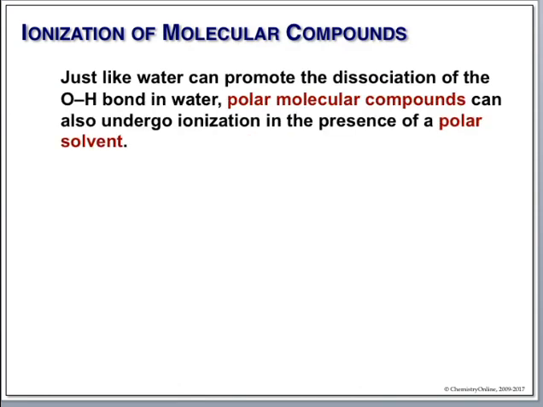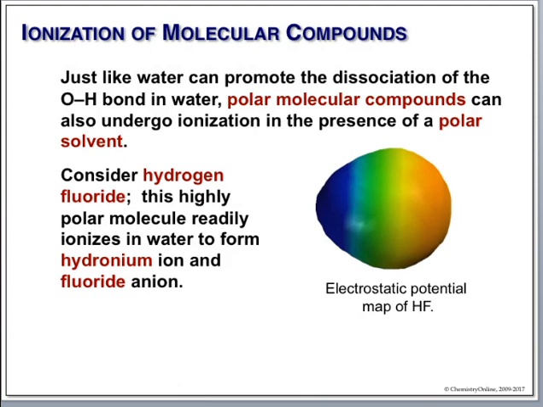Let's consider our friend hydrogen fluoride. Remember hydrogen fluoride? We had a covalent bond here between the hydrogen and the fluorine that was very, very highly polarized. Fluorine is the most electronegative element, and it sucks the electrons in the covalent bond towards itself, leaving this bond for the hydrogen relatively weak.